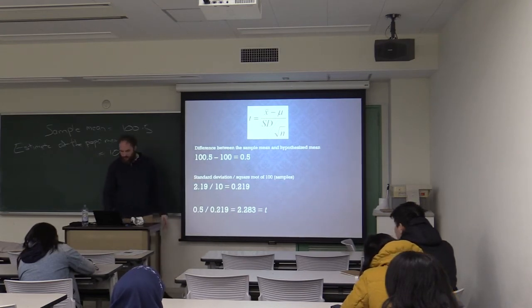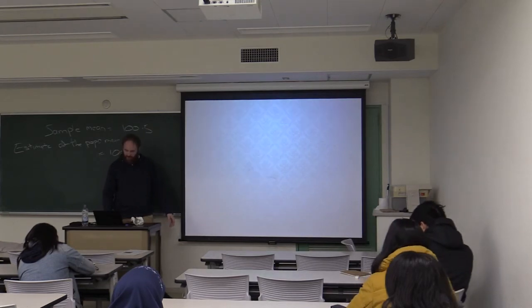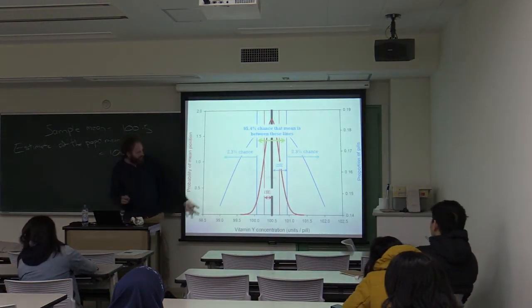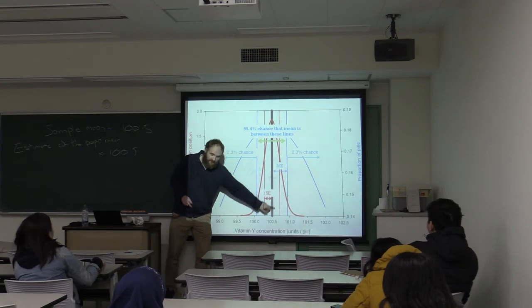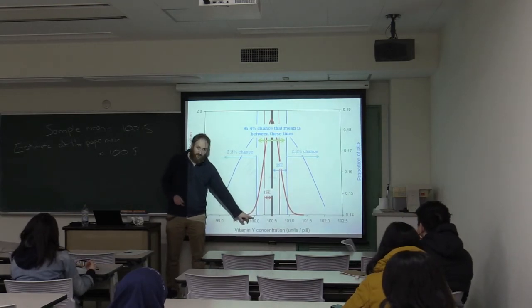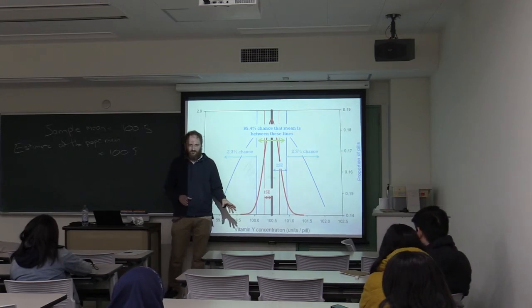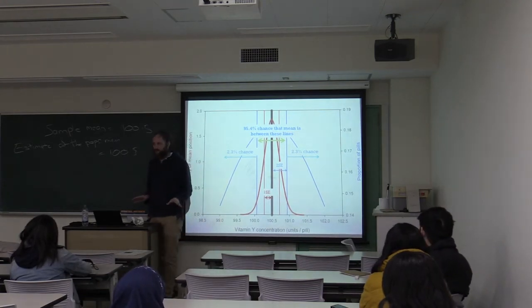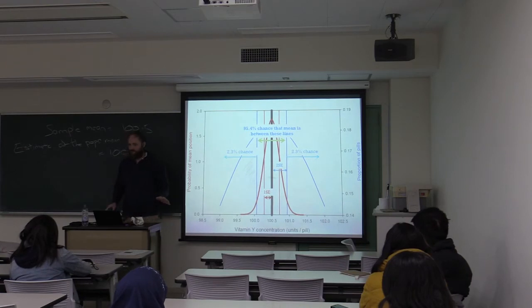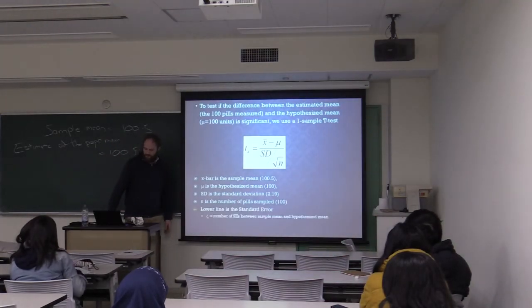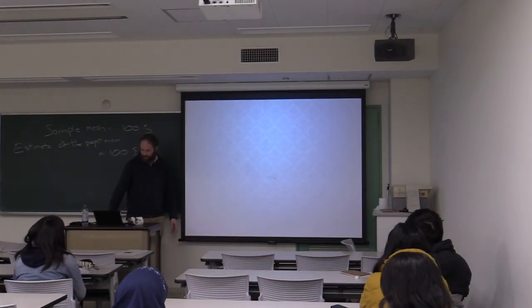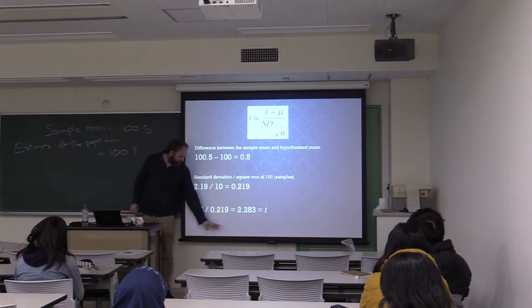So if we go back to our graph, to go from here, 100.5, to here, 100, is 2.283 standard errors. Everyone with me so far? Everything making somewhat sense? Maybe not yet, but it will. So, 2.283 standard errors.